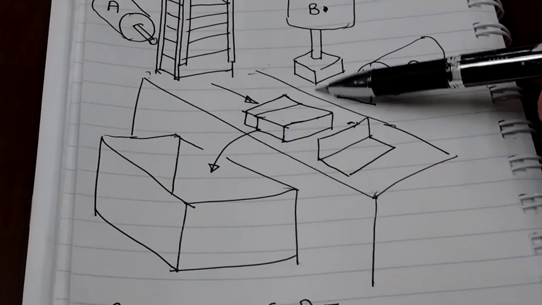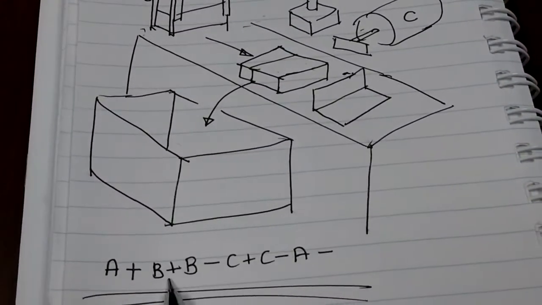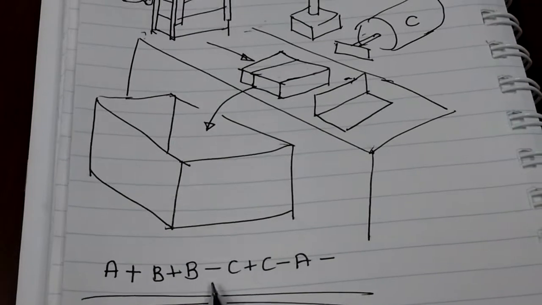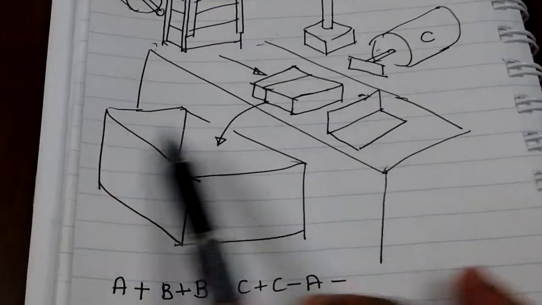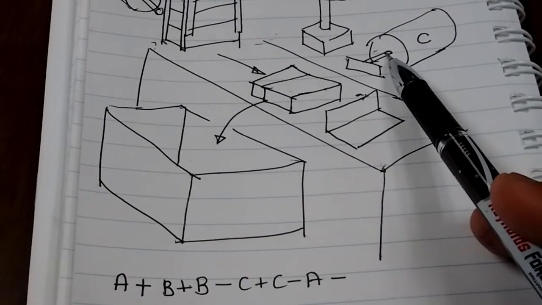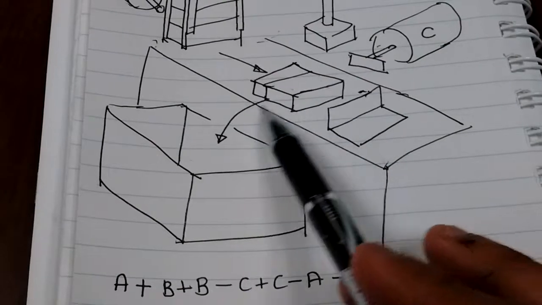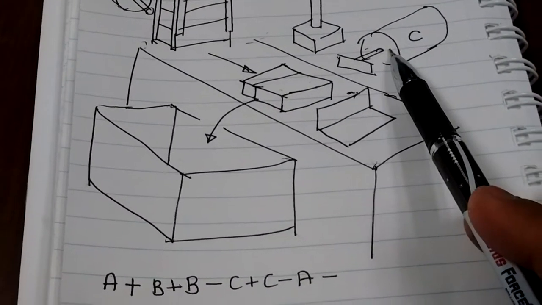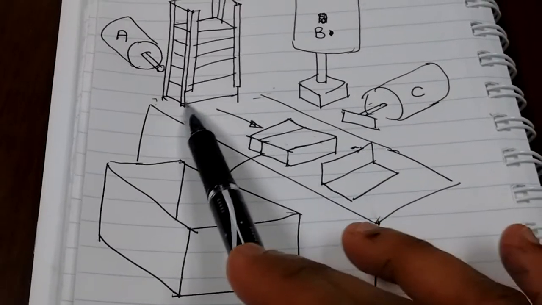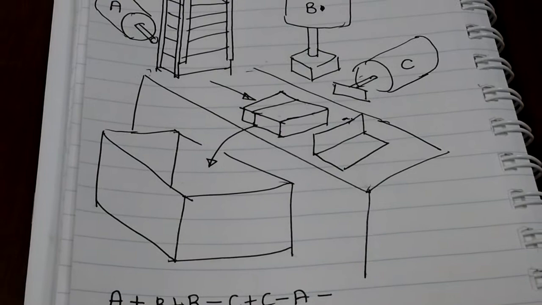So that would be B plus, stamping is done, again B minus. And finally I need to push the box into the collecting container. So this rod will actuate C plus. It would push this box inside the collecting container, and this would again retract to make way for the new box. So this would be C plus, C minus, right?